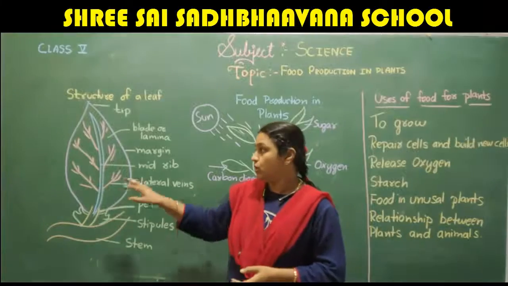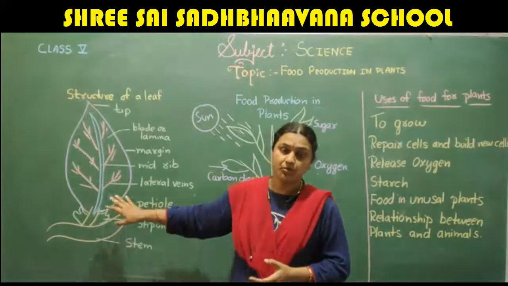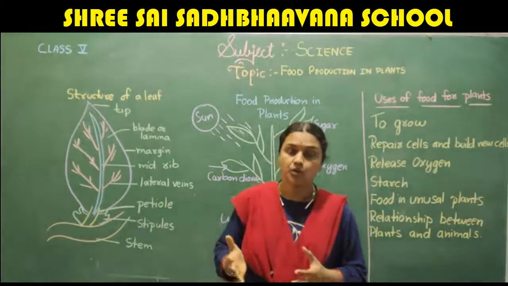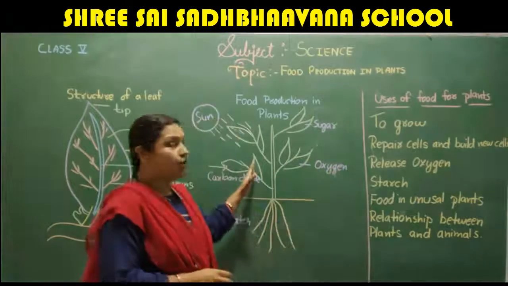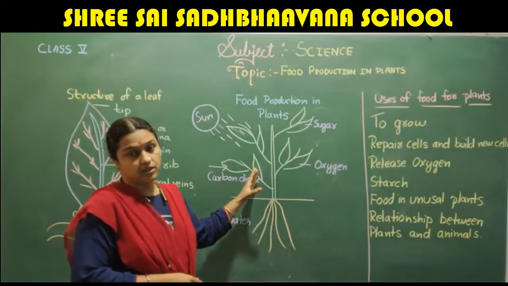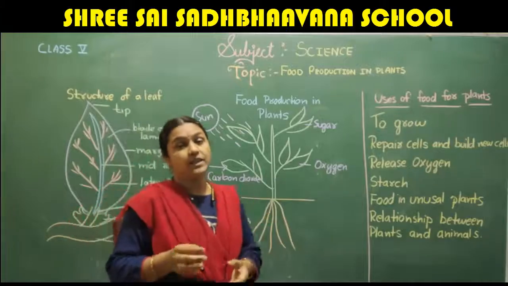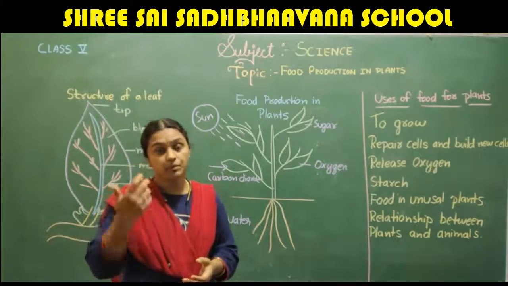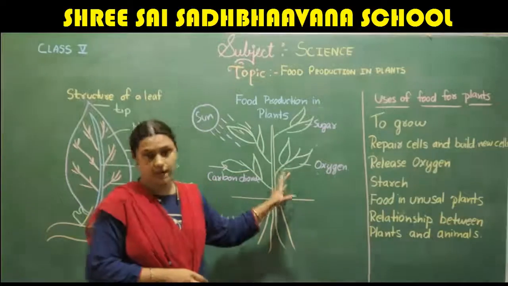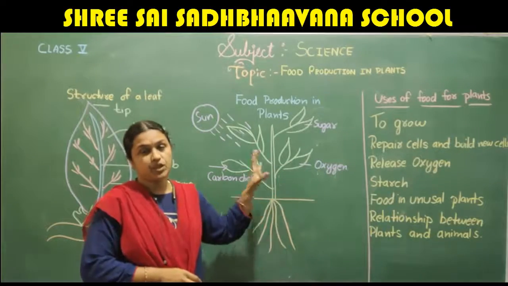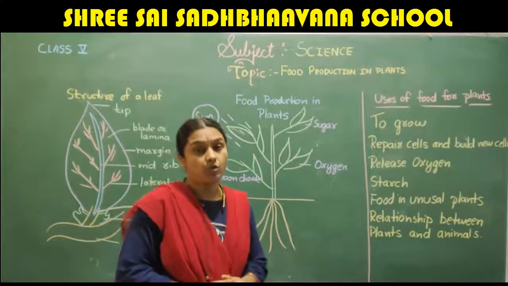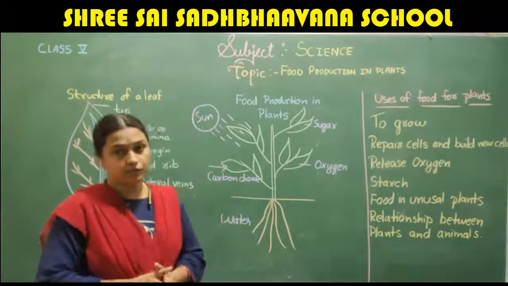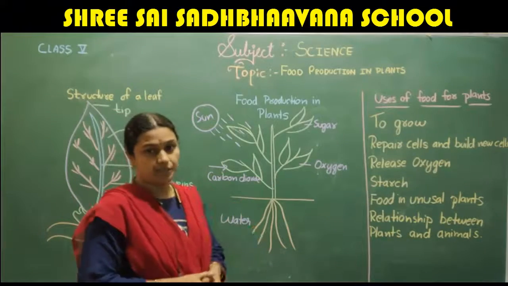Okay. Now, the leaf, as said before, plays a very important role in any plant. We all know that the leaf is the important thing which prepares the food in a plant. Let us now look at how a leaf prepares the food in the plant.